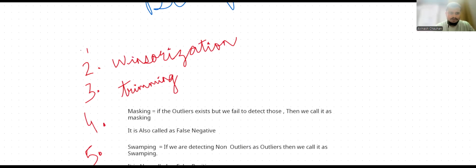And my first point was the 3R technique.